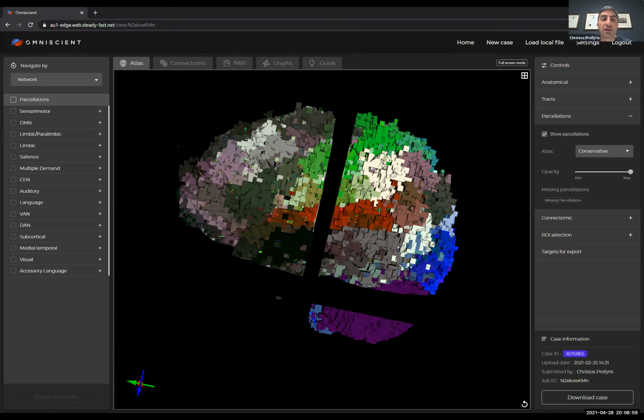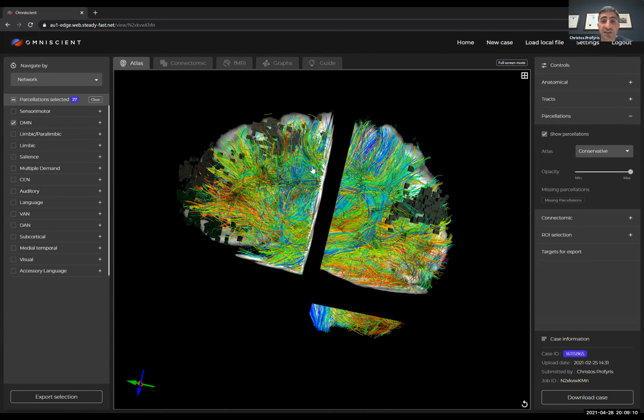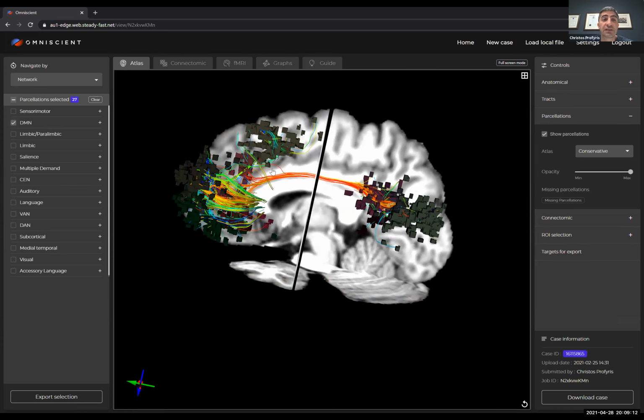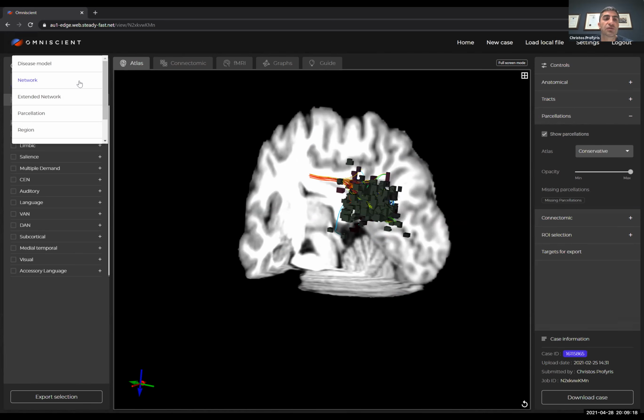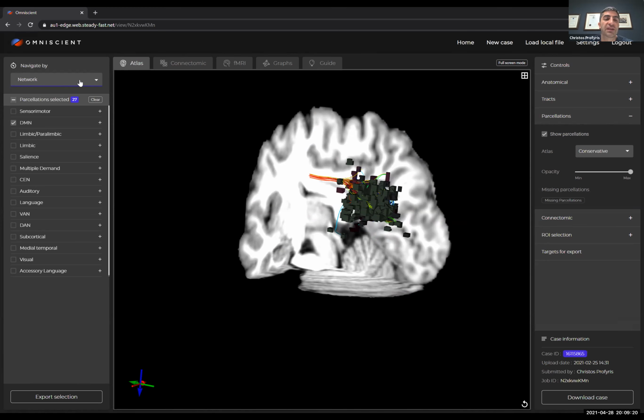in a short while. The first thing I'm going to do is, since this is a case with the mood disorder, what we want to know is where the default mode network is. So the machine learning on the left here, we can pick out our tracts and networks. So we can toggle and find a network.